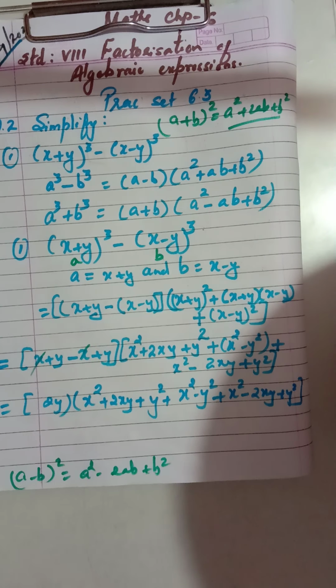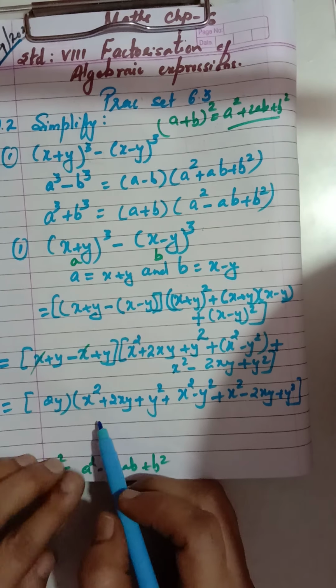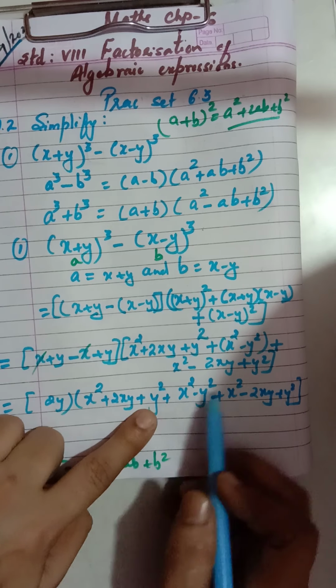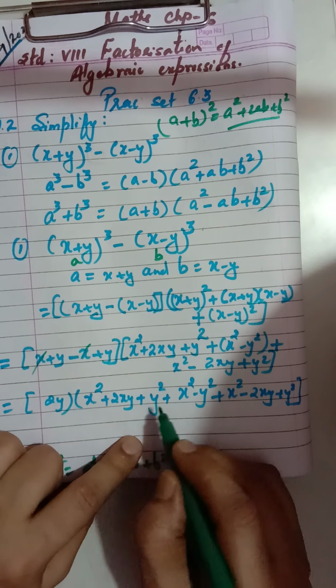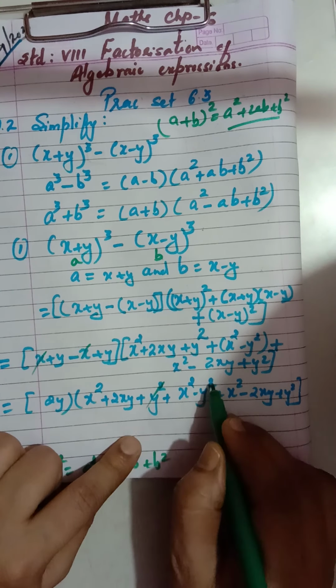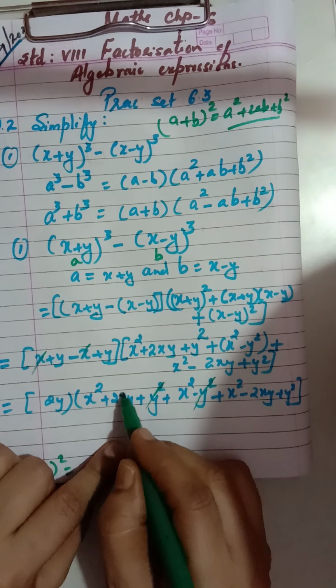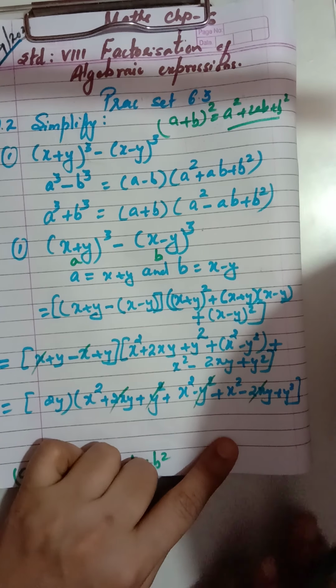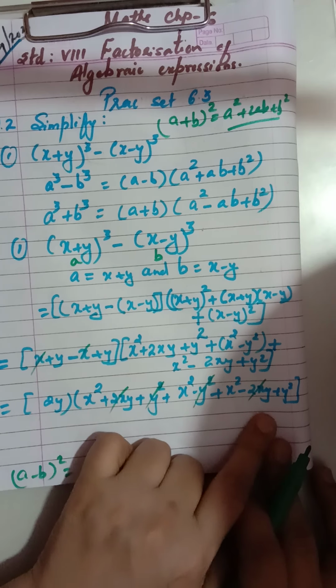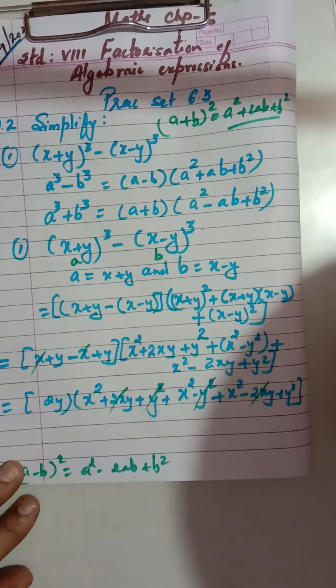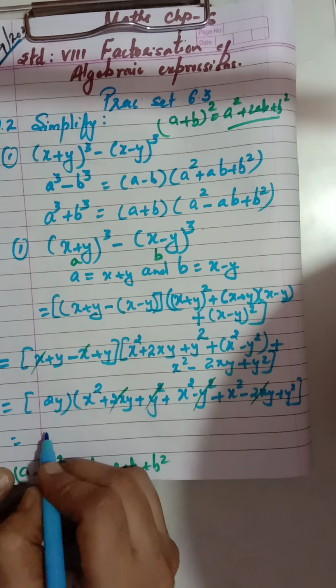So these are the terms. Now here, see children, plus y square minus y square will cancel. Plus 2xy minus 2xy gets cancelled. Now is anything else getting cancelled? Just check. No.